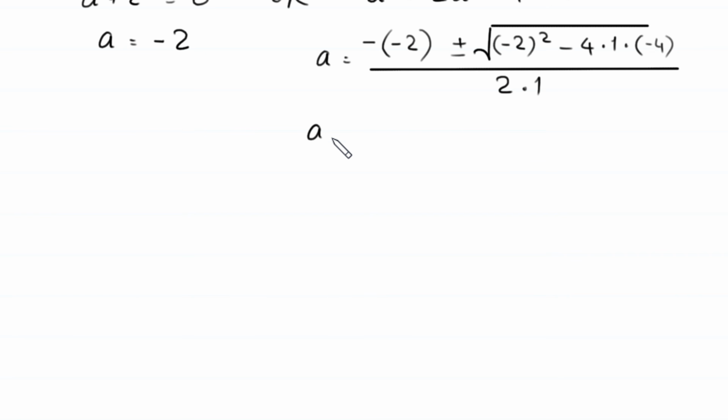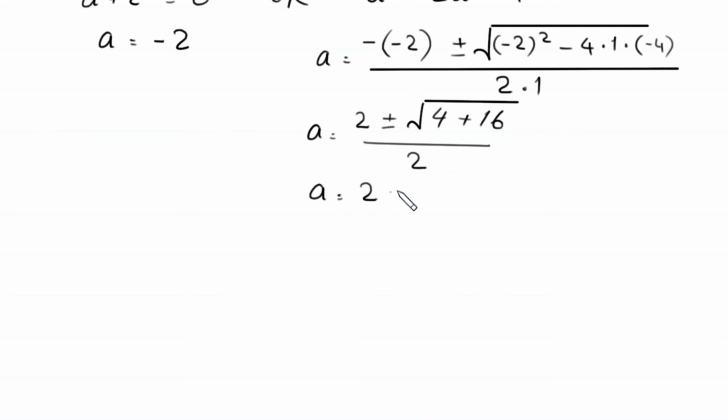Next, a is equal to negative times negative 2, positive 2, plus minus square root of negative 2 squared is positive 4, and negative 4 times 1 times negative 4 is plus 16, divided by 2 times 1, 2, and a is equal to 2 plus minus square root of 4 plus 16, 20, divided by 2.